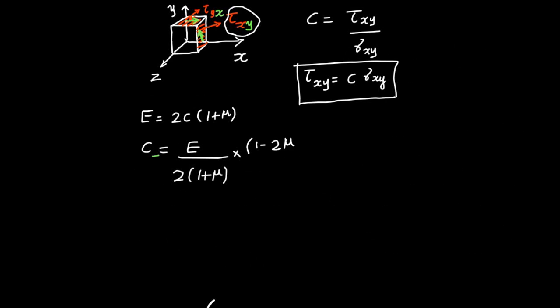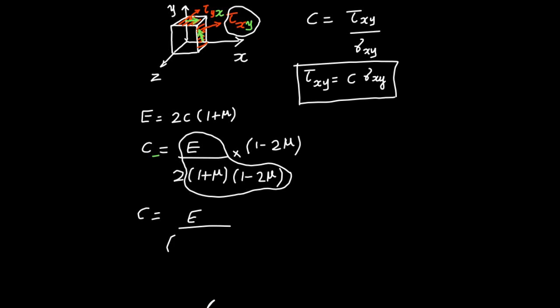In that way, I get this term, capital E divided by 1 plus mu into 1 minus 2 mu. So since I have got this term, I'll be left out shear modulus is going to be capital E divided by 1 plus mu into 1 minus 2 mu into 1 minus 2 mu divided by 2.